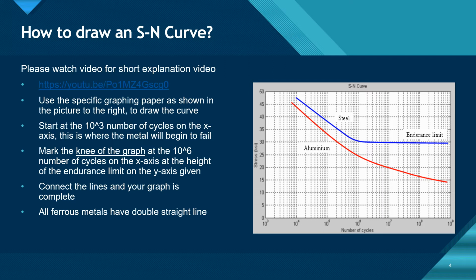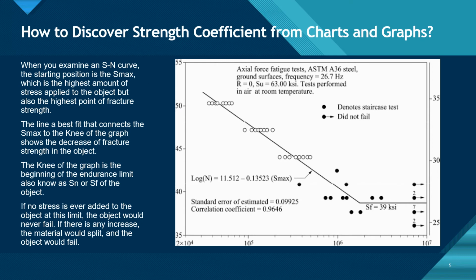All ferrous metals should have a double straight line as shown on the right, while aluminum will have more bend to its curve. How to discover stress coefficient from charts and graphs.